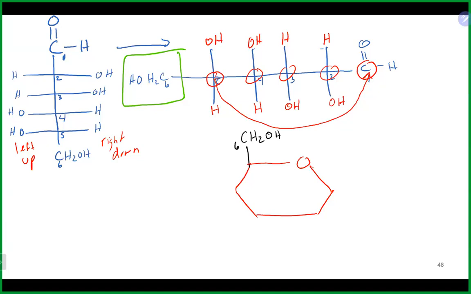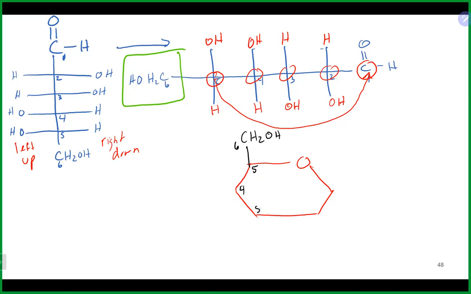Question on that? Now, that's really important because we're going to use carbon number 6 as a reference point for how to number all the other carbons. So we're going to go counterclockwise here. That's carbon number 6, which means the one it's connected to would be carbon number 5. Going counterclockwise, that would make that carbon number 4.